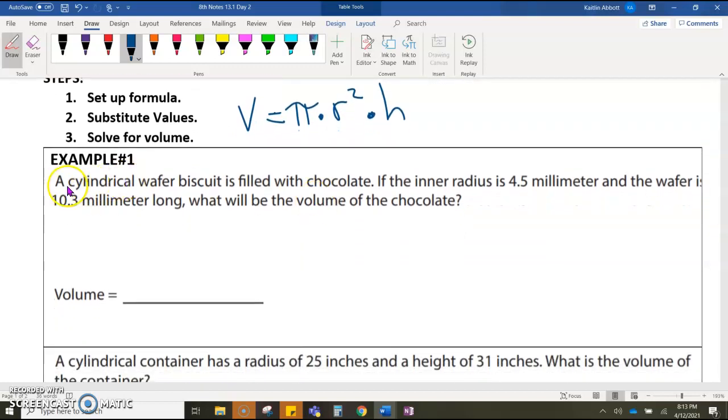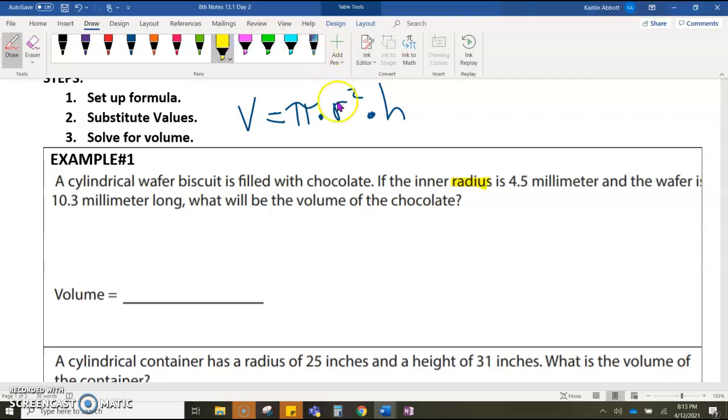Here's my first example. It says a cylindrical wafer biscuit is filled with chocolate. If the inner radius is 4.5 millimeters and the wafer is 10.3 millimeters long, what will be the volume of the chocolate? Remember, we need radius, and in this problem, they said radius.